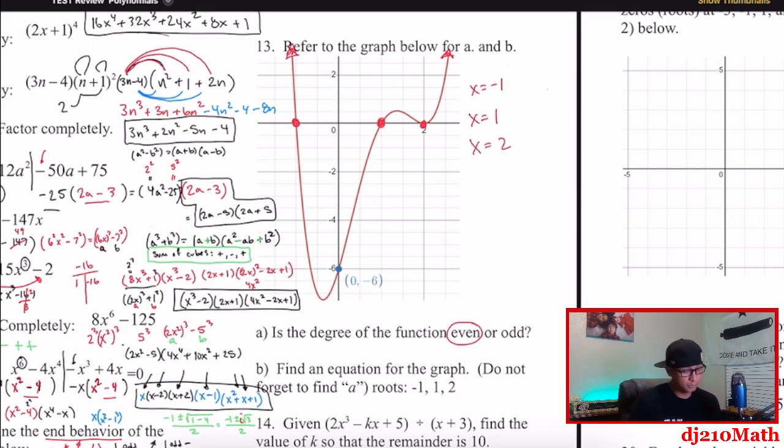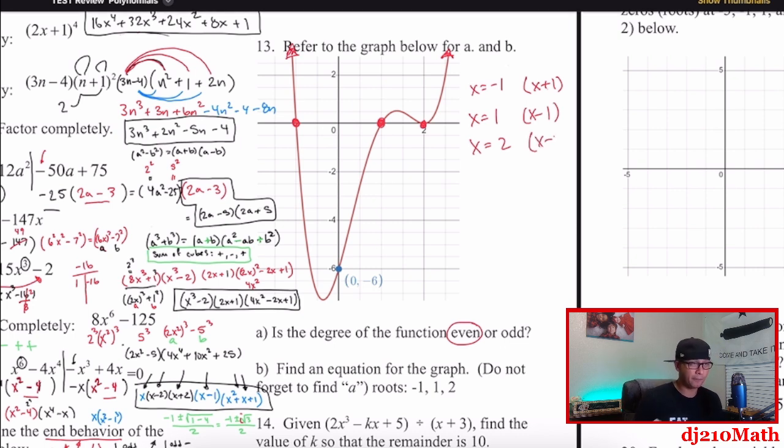So since those are the roots, the factors are going to be x plus 1, x minus 1, and x minus 2.